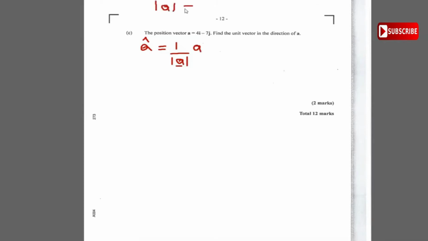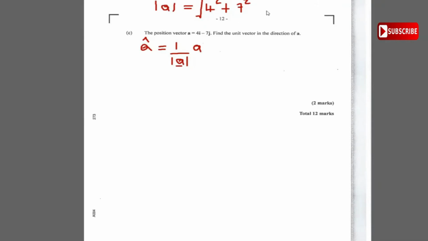The magnitude of vector A is equal to 4 squared plus 7 squared, all square rooted. That's the magnitude of vector A. Now 4 squared is 16, plus 7 squared, all square rooted. So we have 4 squared plus 7 squared, which is 65.